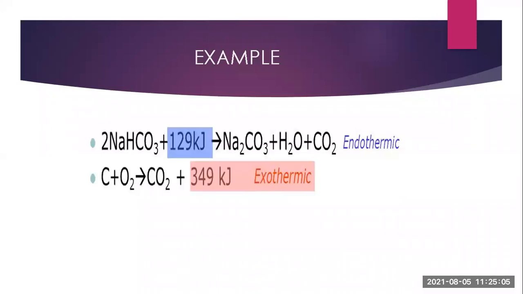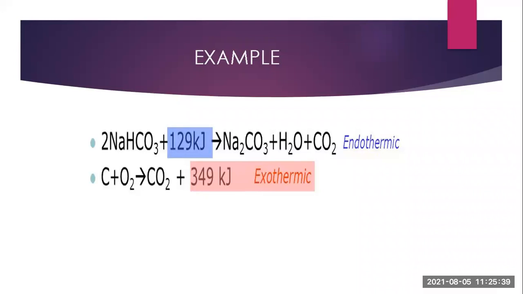So this is the example: 2 NaHCO3. And here if it gains some energy, 129 kilojoules of energy, then what happens? It will break down into Na2CO3 plus H2O plus CO2, and it gains the heat energy. That's why the energy is written on the reactant side, because it is gaining the energy. That's why it is an endothermic reaction.